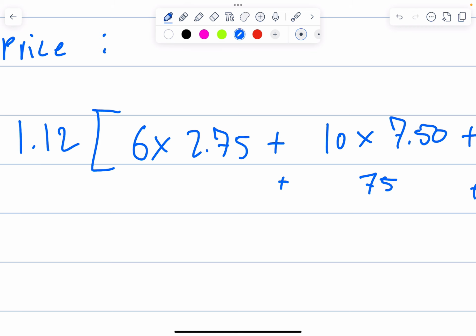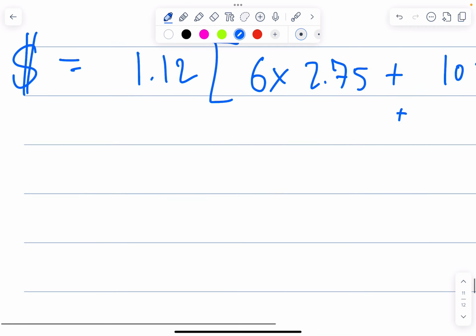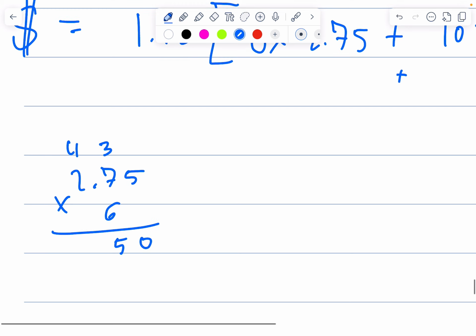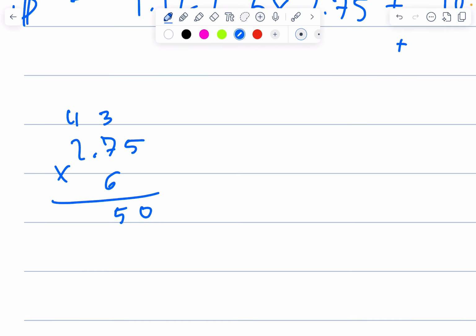Plus 275 by 6, this one I can't do in my head. 275 times 6. 6 times 5 is 30. 7 times 6 is 42, plus 3 is 45. 6 times 2 is 12, plus 4 is 16.